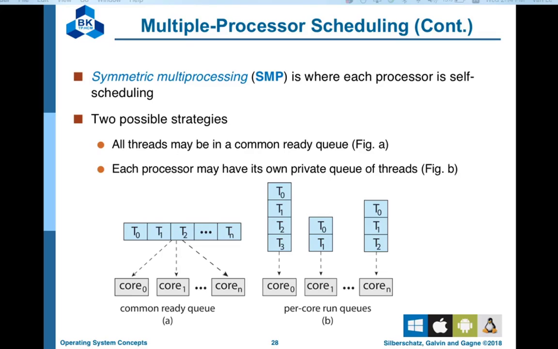You can have only a common ready queue and use the algorithm to allocate the CPU cores to these processes, or you can have a private queue for each core.